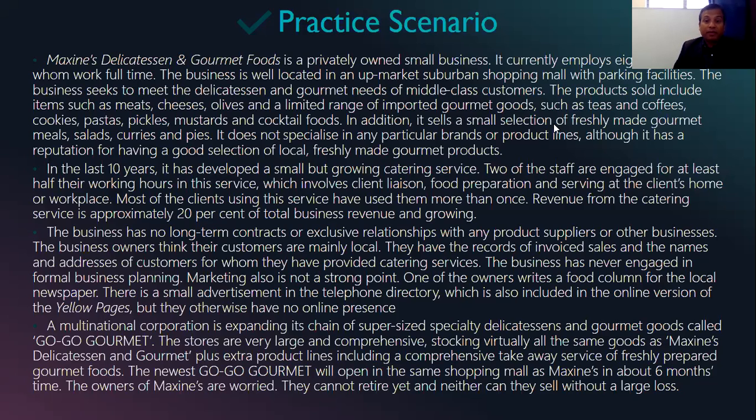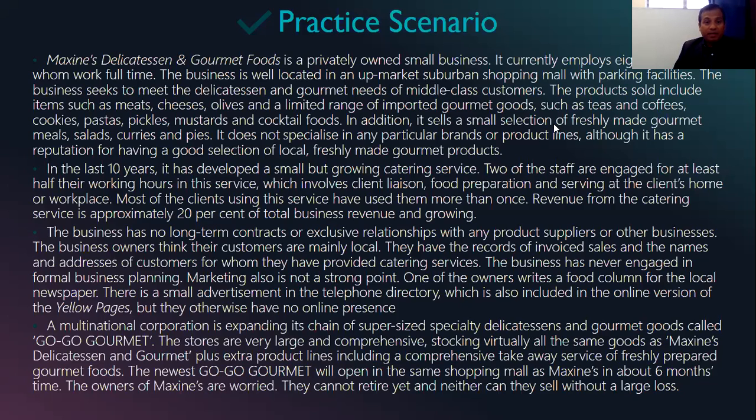Since this is a kind of service industry, because they provide catering services to the customer as well, you will get some key points around the process, physical evidence, and the people, because it is mentioned that two of the staff are engaged for at least half their working hours in the service. So you could see that the 7 pieces of the marketing mix are partially covered in this case.